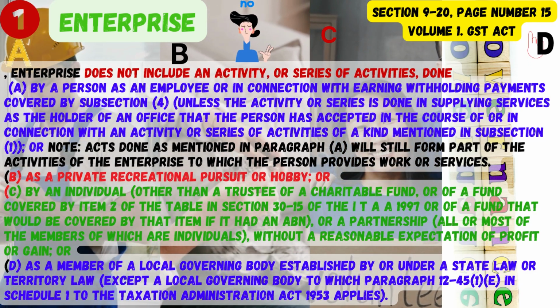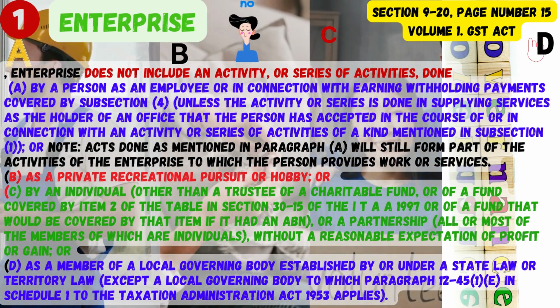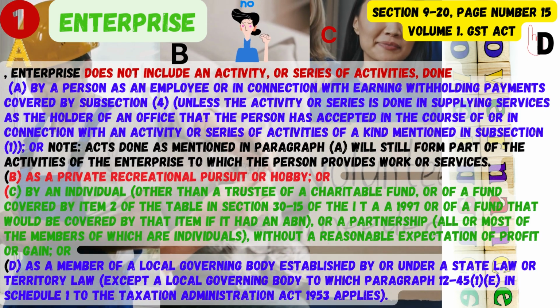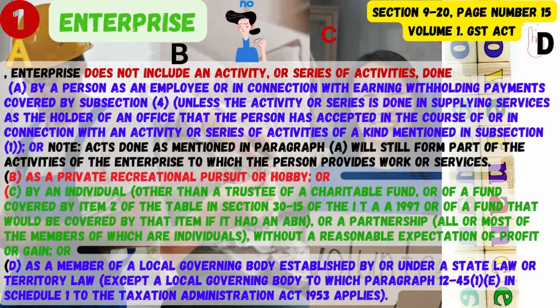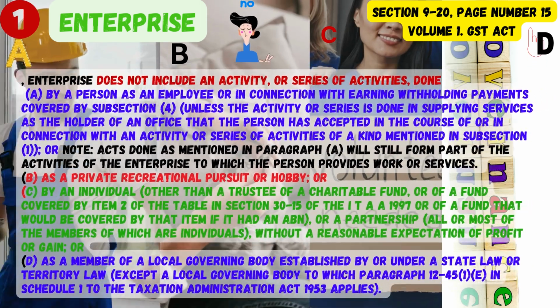D. As a member of a local governing body established by or under a state law or territory law, except a local governing body to which paragraph 12-45(1)(e) in Schedule 1 to the Taxation Administration Act 1953 applies. 3.